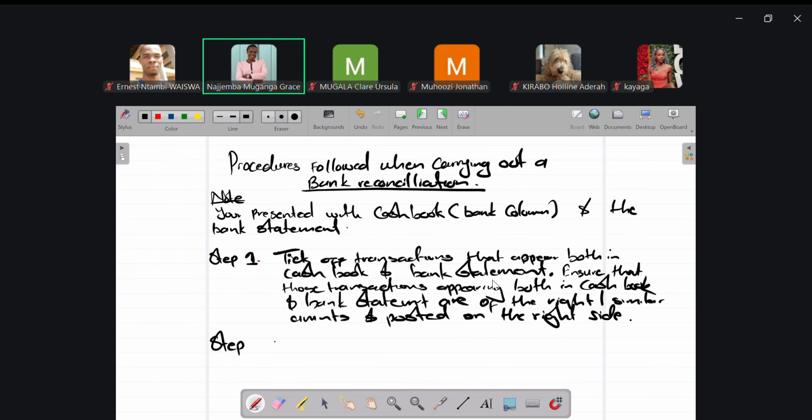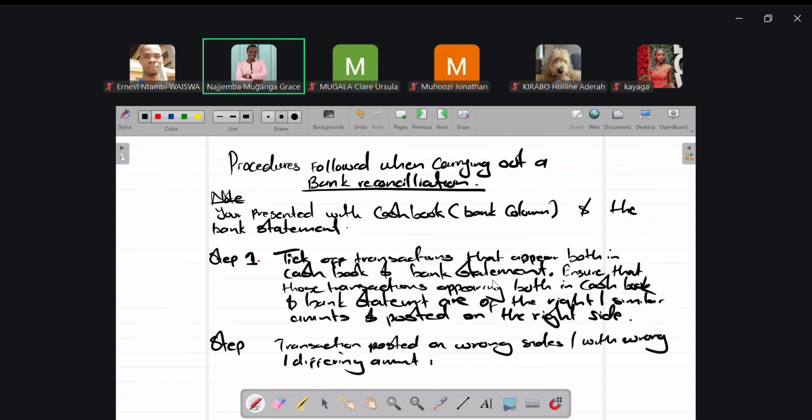So transactions posted on the wrong side or with a differing amount, indicate E to mean error.